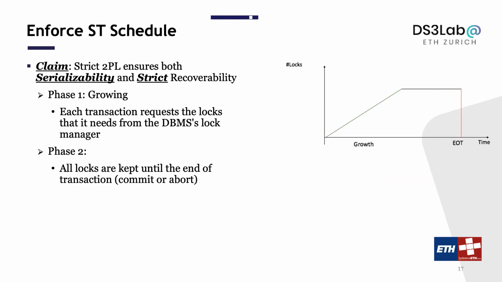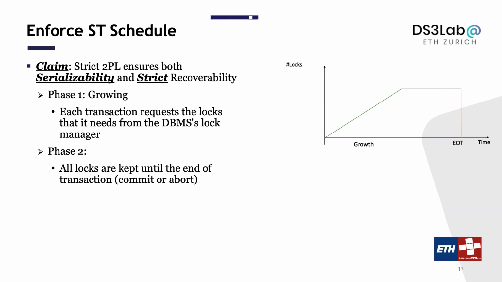If you wonder why we call that strict, it's because the following claim is true: if you do strict two-phase locking, it's going to ensure that the schedule is both serializable, also conflict serializable because that's stronger, and also strict.